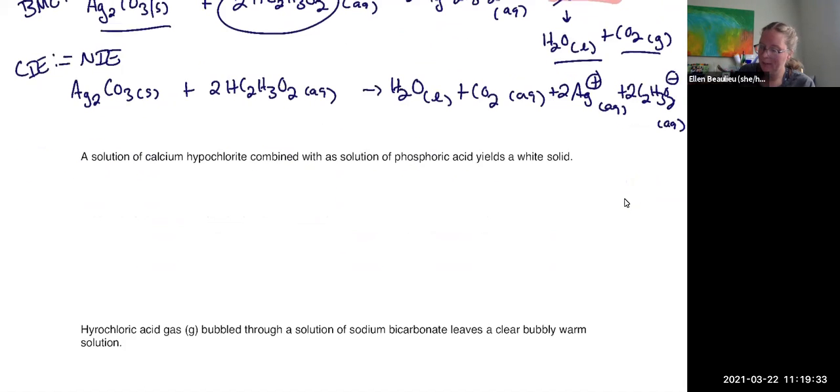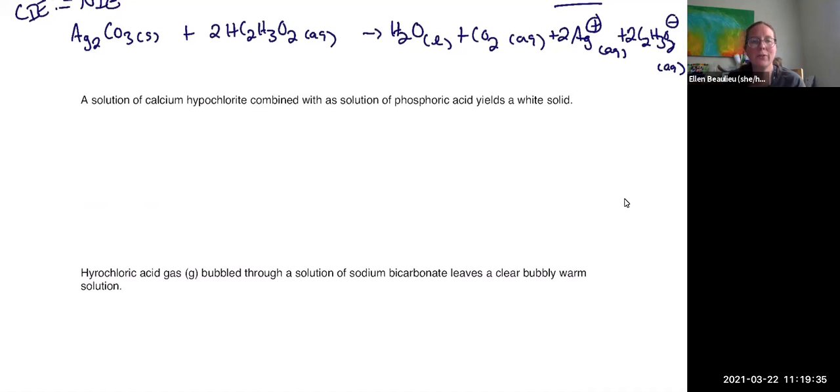Okay, next sample. A solution of calcium hypochlorite combines with a solution of phosphoric acid to yield a white solid. Okay. I need first to build my formulas. Hypochlorite, remember chlorate is ClO3 minus, so chlorite would be ClO2 minus, so hypochlorite is going to be ClO minus.